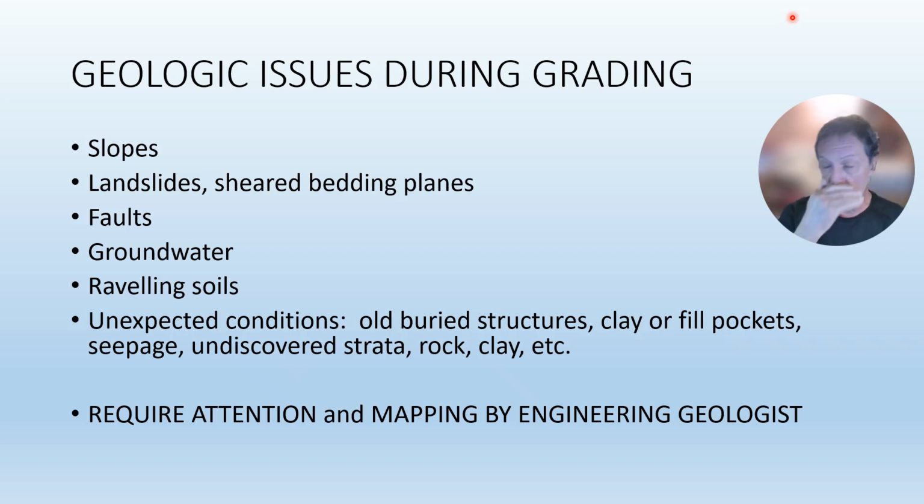Old buried structures you didn't know were there, clay pockets, seepage of water, undiscovered strata, unanticipated conditions. That all can hopefully be dealt with during grading. All these conditions require your attention and mapping if you're the engineering geologist on site.